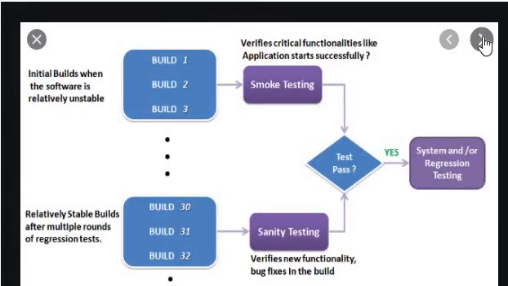Smoke testing is a subset of acceptance testing, whereas sanity testing is a subset of regression testing. Smoke testing is documented or scripted, whereas sanity testing is not. Smoke testing verifies the entire system from end to end, whereas sanity testing verifies only a particular component.